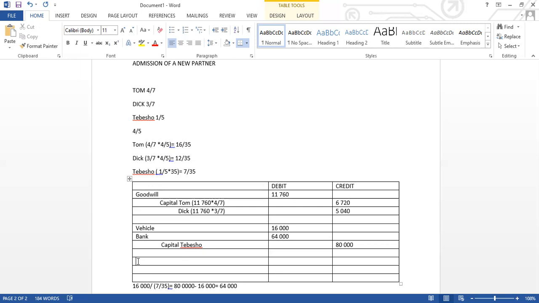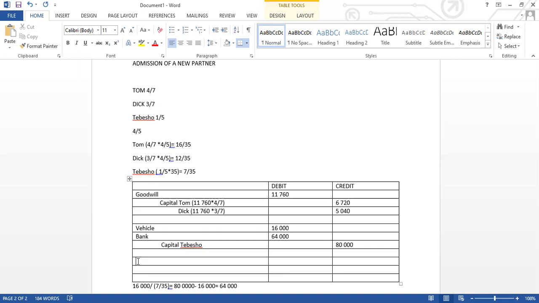The next thing, the balance on the revaluation account is referred to as a gain or loss on revaluation and is allocated to the existing partners in the existing profit sharing ratio. What does this mean?